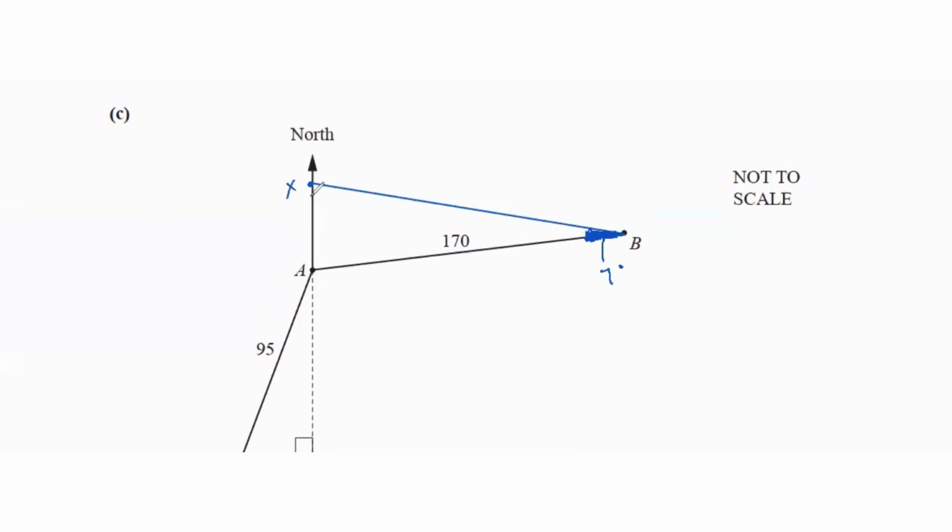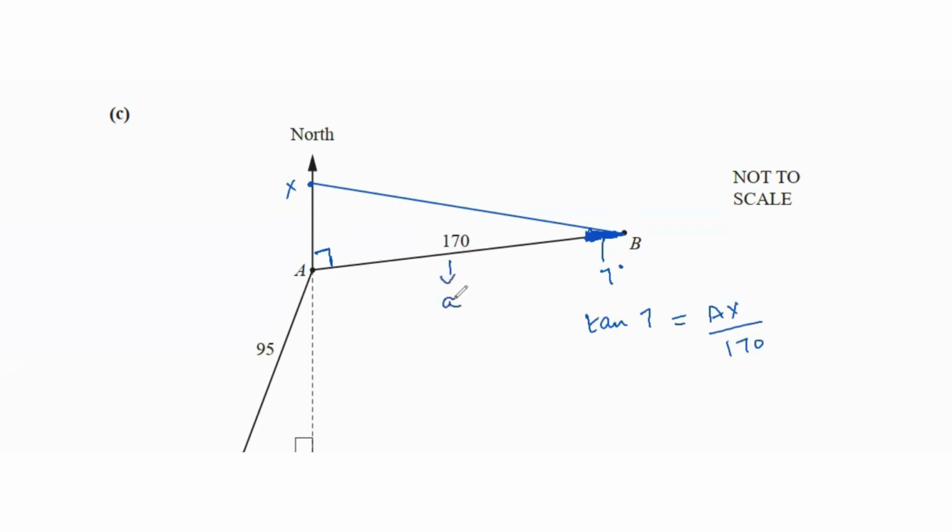So first I'm going to find AX. This is a right angle triangle. So that's going to be tan of 7 equals AX over 170. The reason why it's AX, because this is the length on which the angle lies.